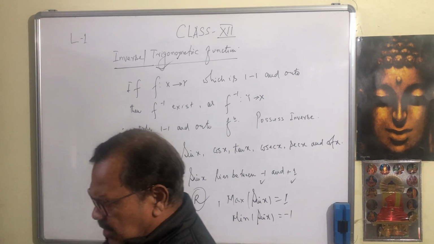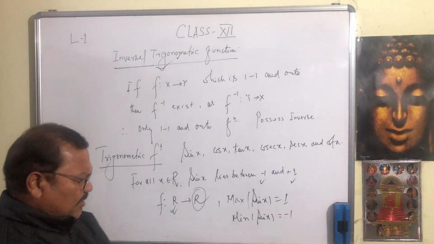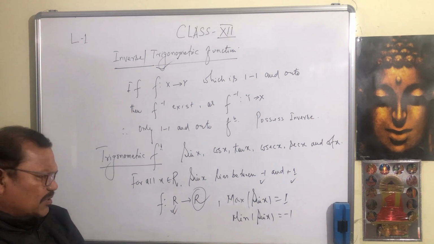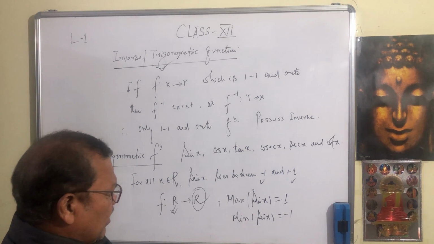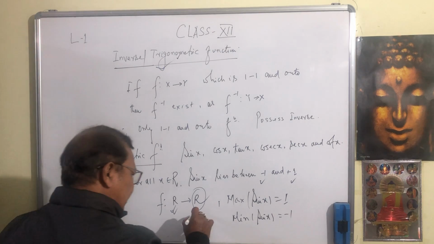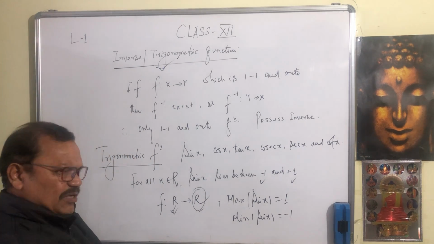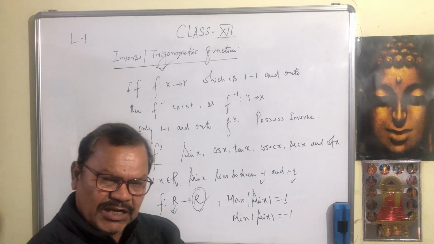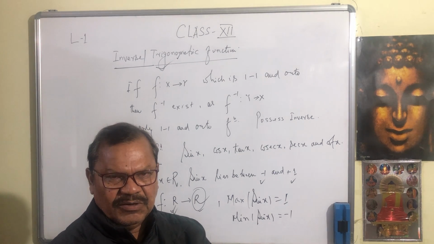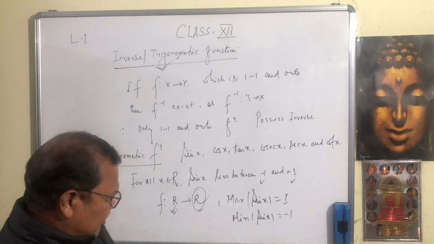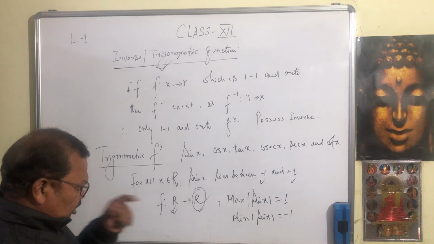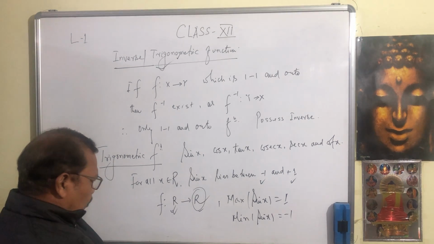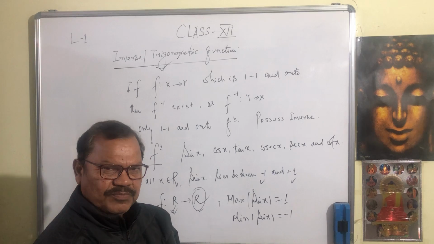This tells us that the range consists of only two numbers, -1 and 1, but there are many elements except -1 and 1 in the codomain which are not the image of any element of the domain. What this suggests? This suggests that this function is not 1-1.